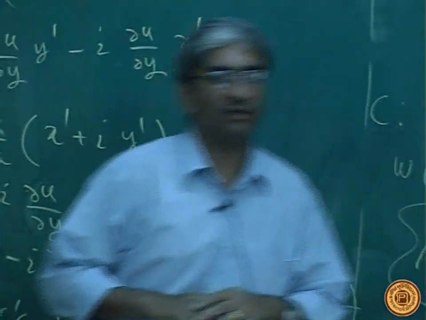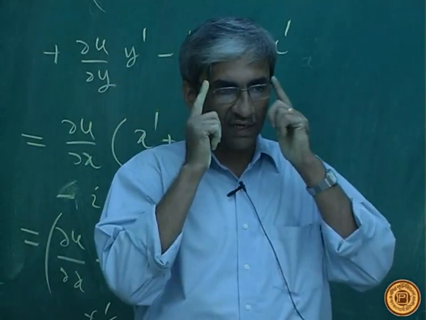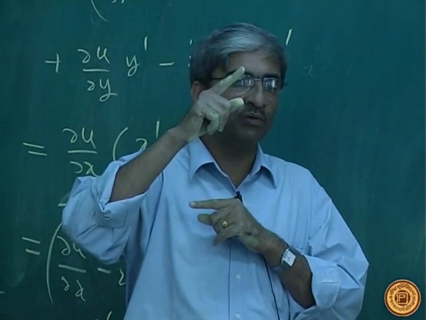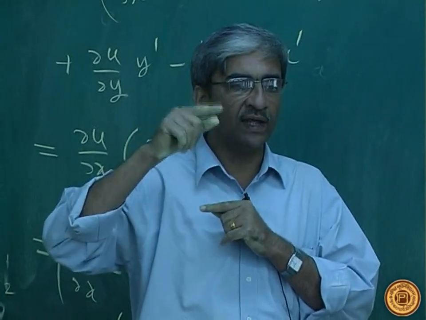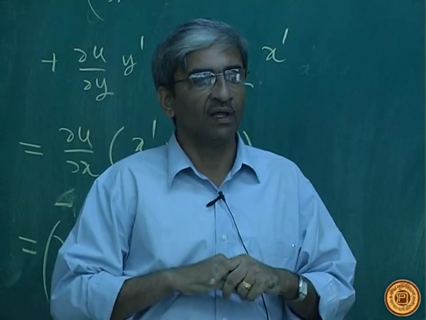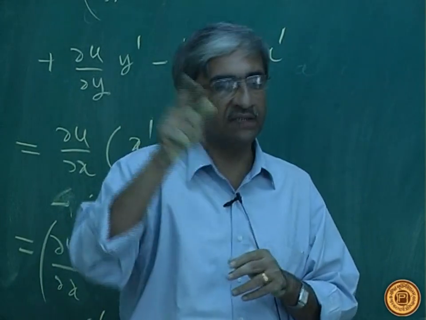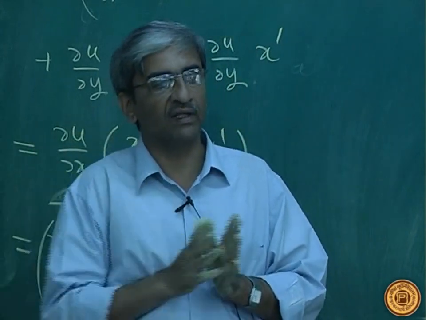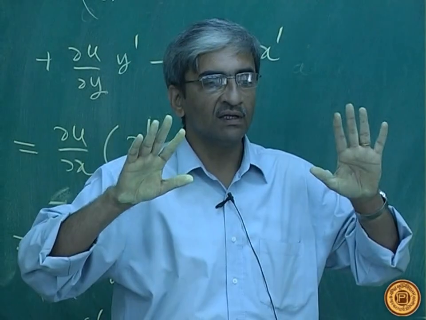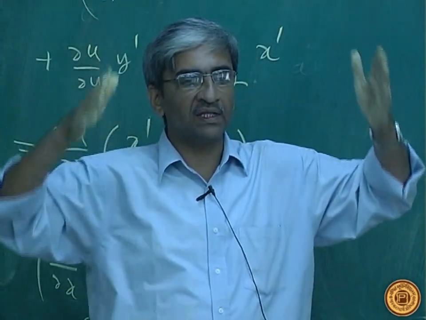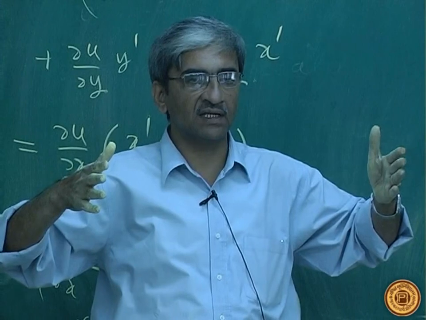Then we defined the derivative of such a function, that is w dash t is equal to u dash t plus i times v dash t. Then we defined the integral of w(t) as the integral of u(t) plus i times the integral of v(t).